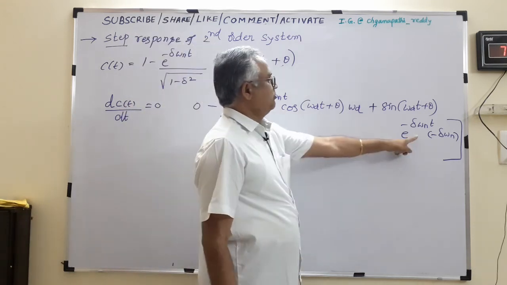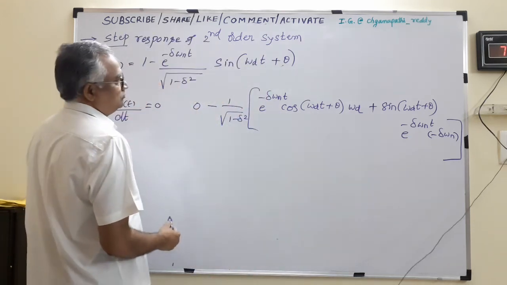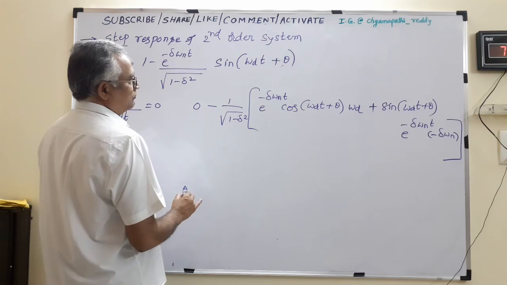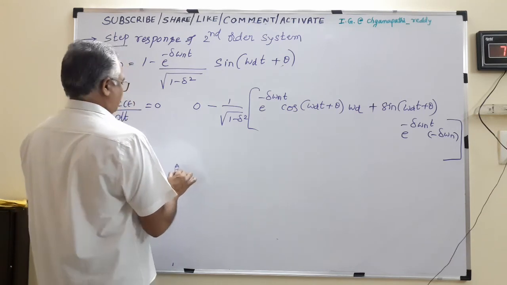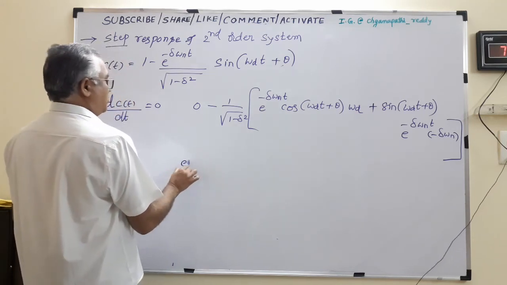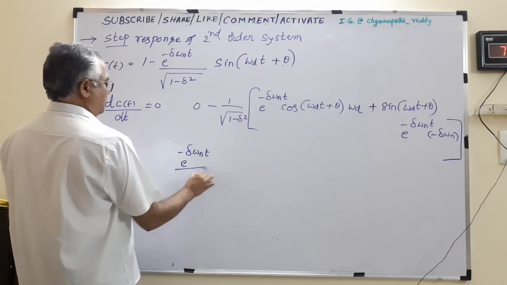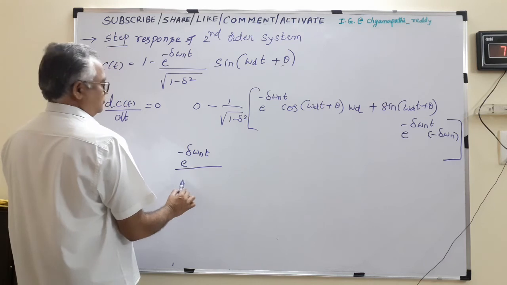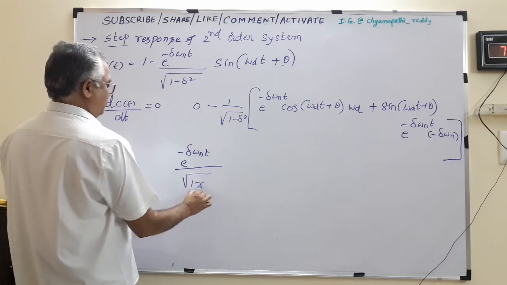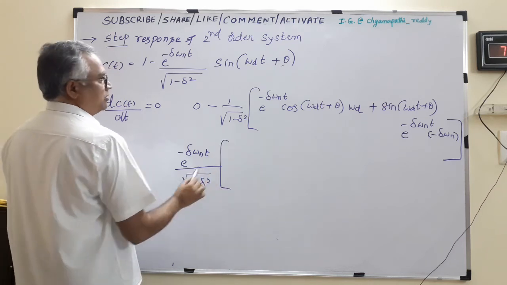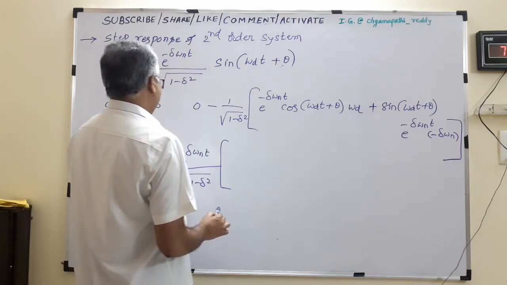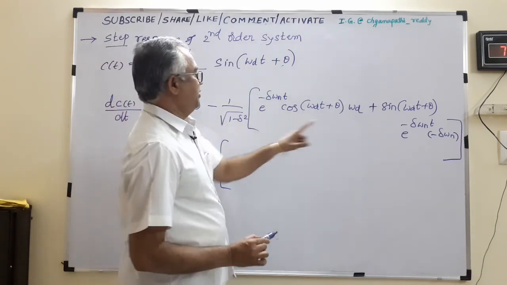So this term is common. So it is e power minus delta omega n t by root of 1 minus delta square. This minus, that minus is plus.